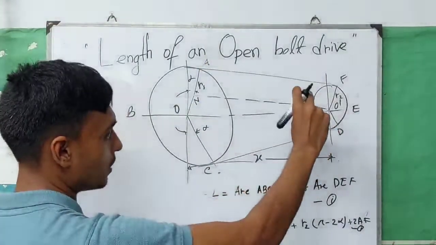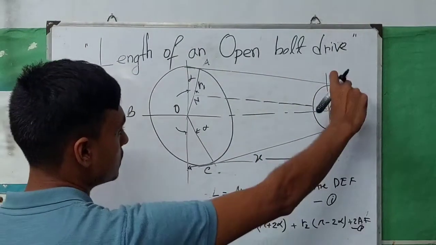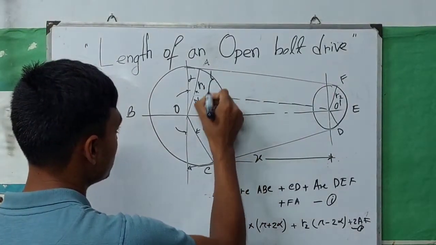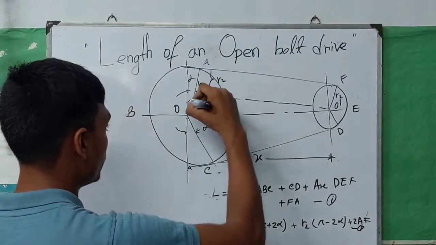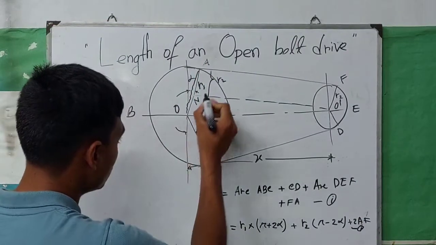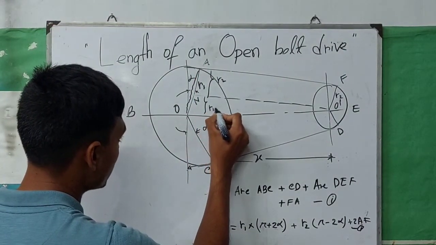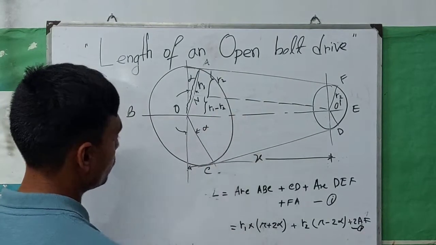Since two lines are parallel, their distance is equal. So it is R2, also R2, and the total length equal to R1. So this is R1 minus R2.